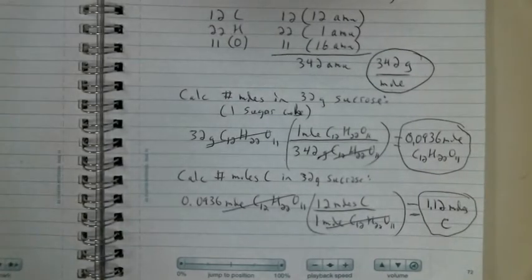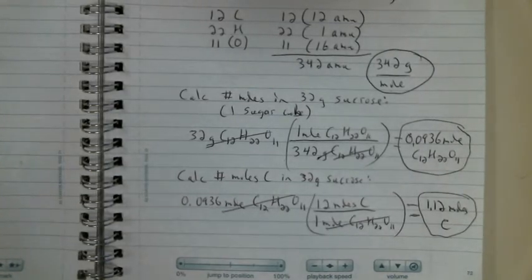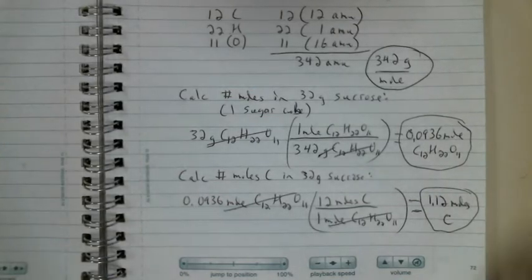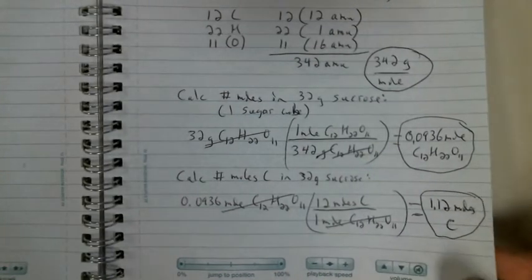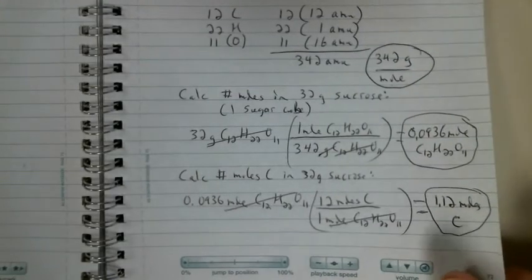And then in chapter 3, and probably only in chapter 3, you're also asked sometimes how many molecules or how many atoms in things. And that's to get us familiar with using Avogadro's number.